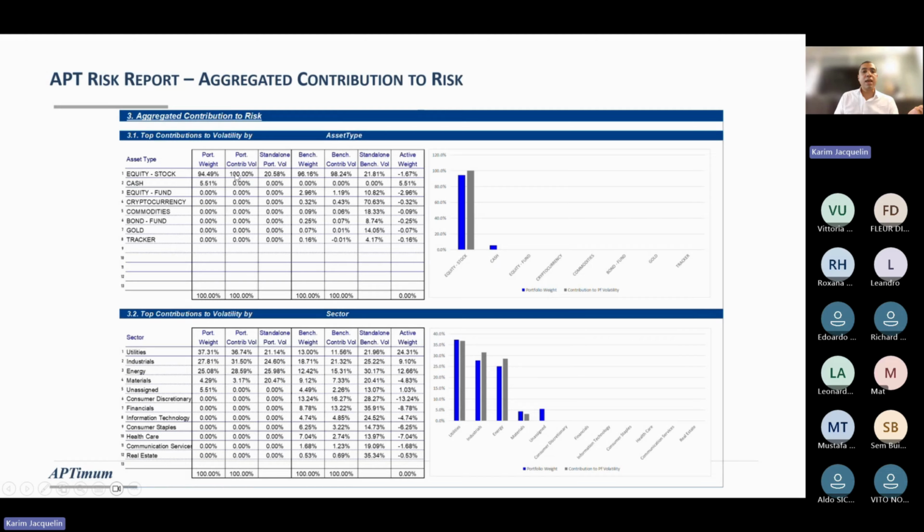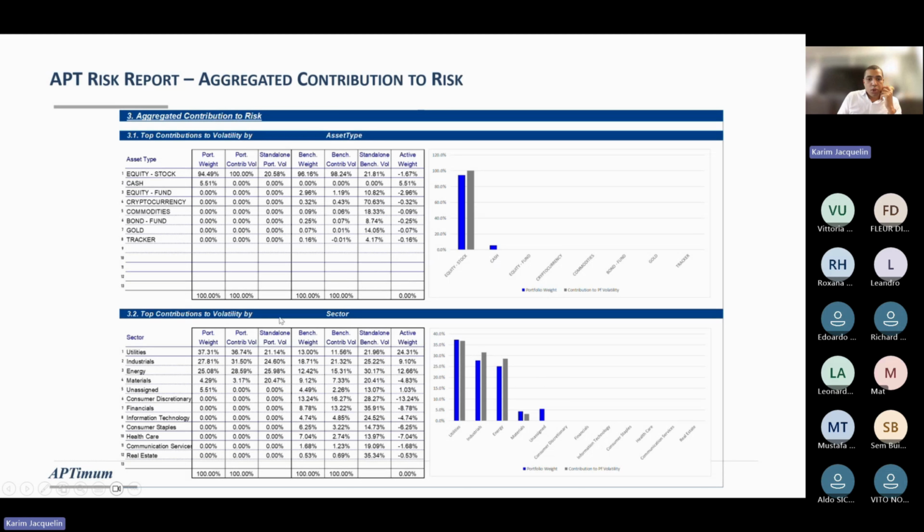So in this case, because the portfolio is only invested in stocks, 100% of the contribution to volatility is coming from stocks. Of course, cash has zero risk, so the contribution to volatility is zero. And you have the same table for the benchmark. So contribution to volatility, standalone volatility for each asset type.